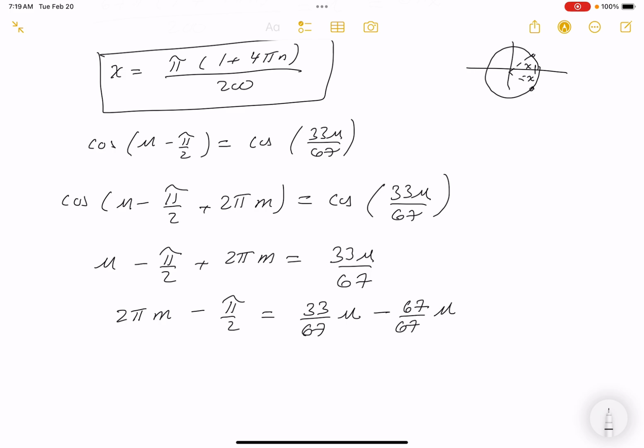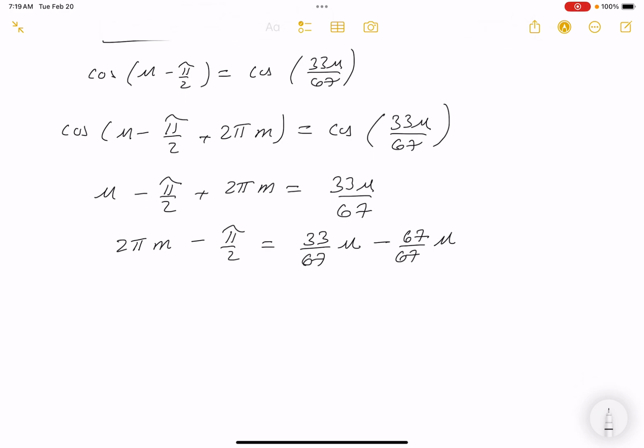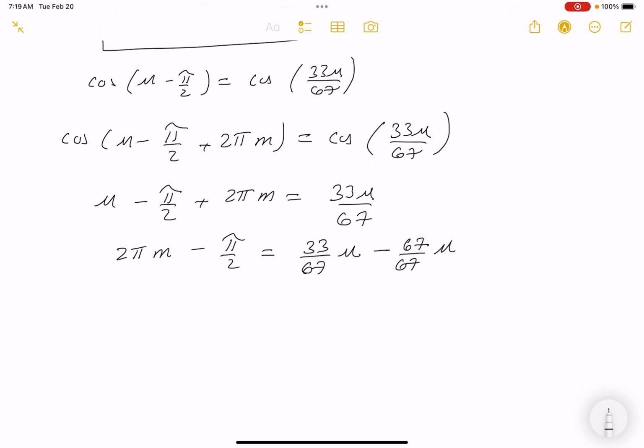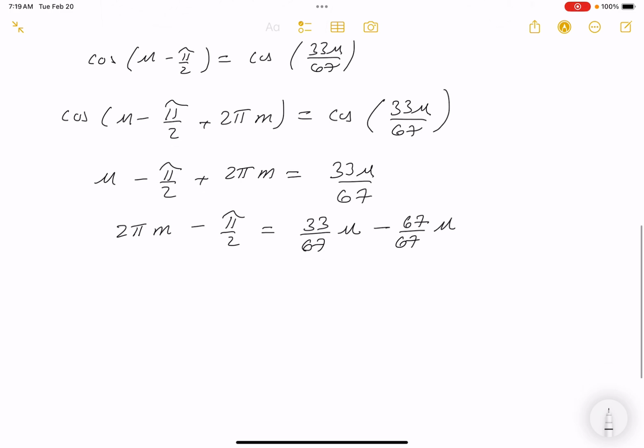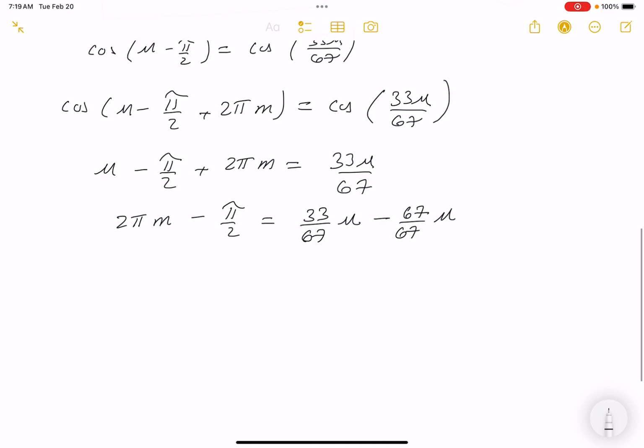All right, let's keep going. Let's just think about that. Two pi m minus pi over 2 equals, this would be 67. And then you get 33 taken from 67.